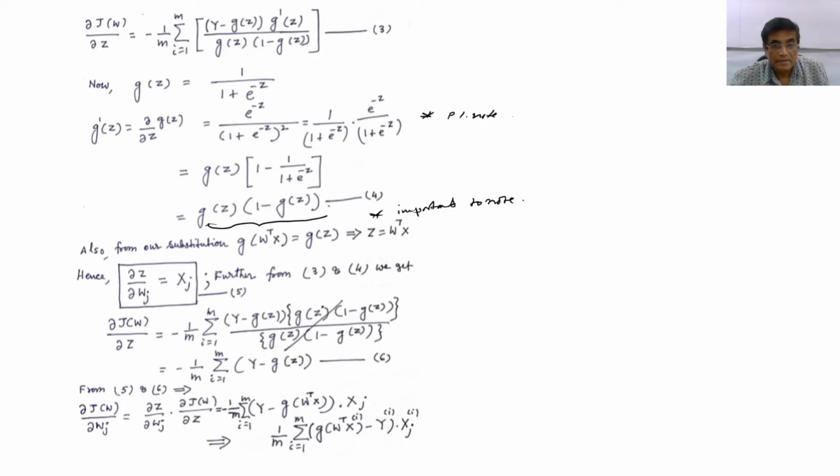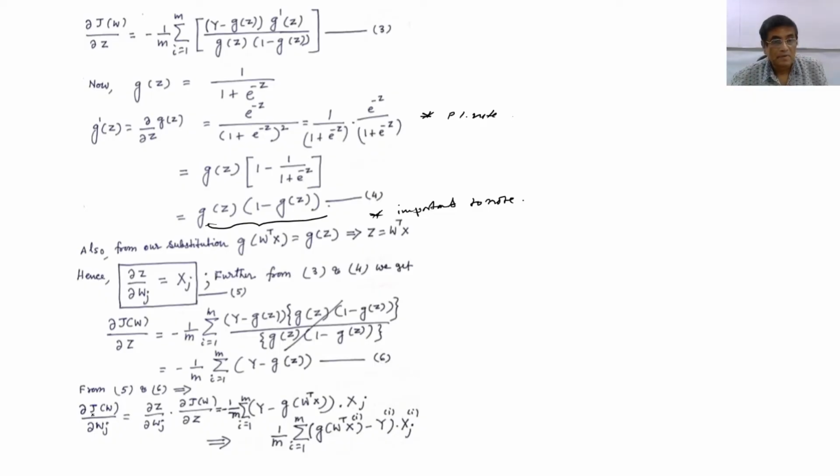In the denominator and in the numerator you have the same, so they cancel out, and then you get 1 by m times y minus g(z). Very, very important reduction. So from 5 and from 6, now we are reaching the destination.